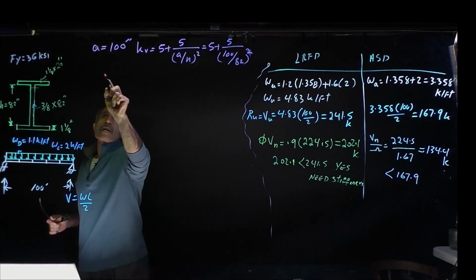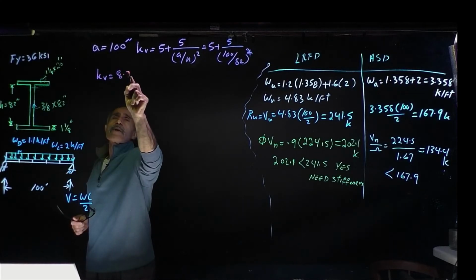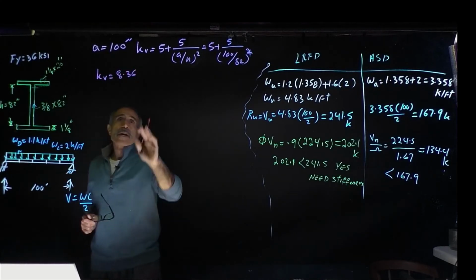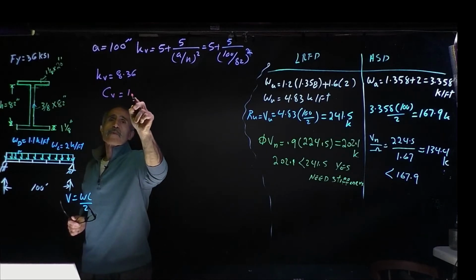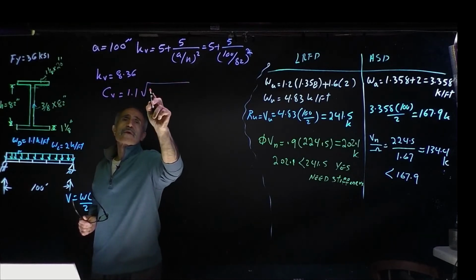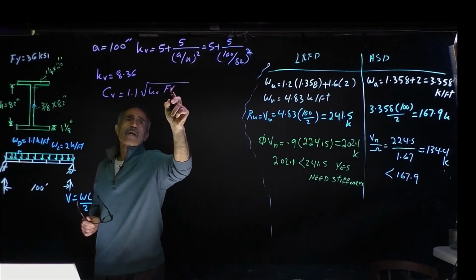And therefore kv, in this case, if you plug that in, is 8.36. And now we have kv, we can calculate Cv, which is equal to 1.1 square root of kv times E divided by Fy.